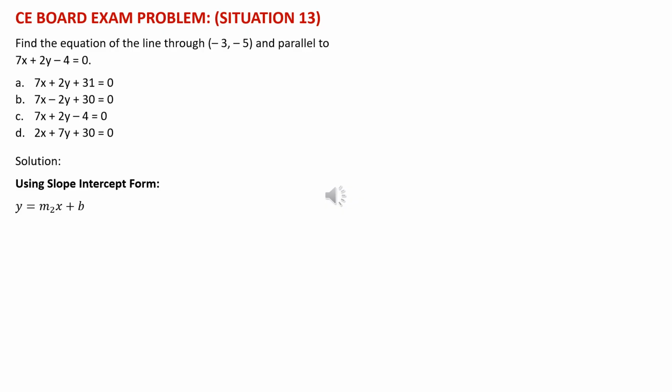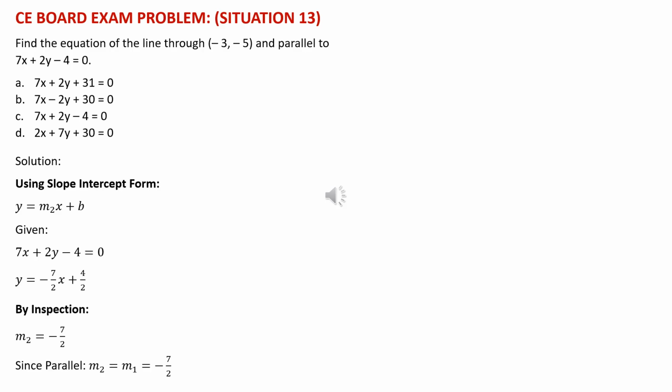And for the start of our solution, I think we have to adopt the slope-intercept form of a line, and that is y = m2x + b. And of course, for the given, we have 7x + 2y - 4 = 0. And then if we convert it into slope-intercept form, we can have it as y = -7/2 x + 4/2.